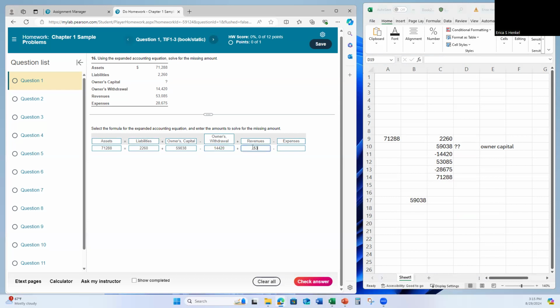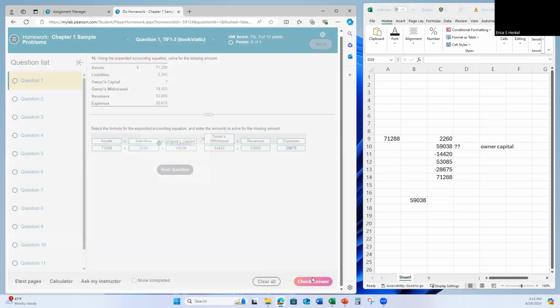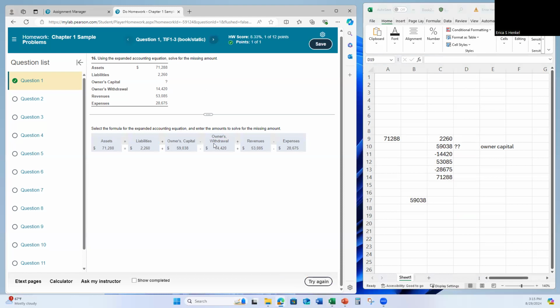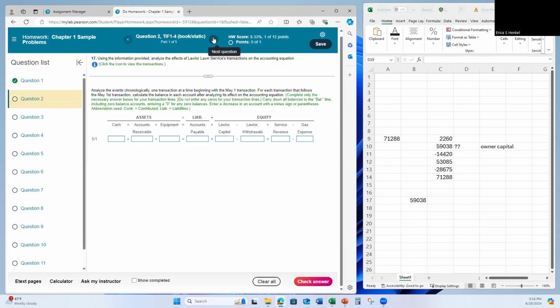Revenues of 53,085 and expenses of 28,675. And I don't have to put those in as negative because it's telling us what it's going to do with the number right there. All right, so that is our accounting equation. And you should have the same numbers that I have here for these ones because it says book static here. All right, so moving on to our next problem here.